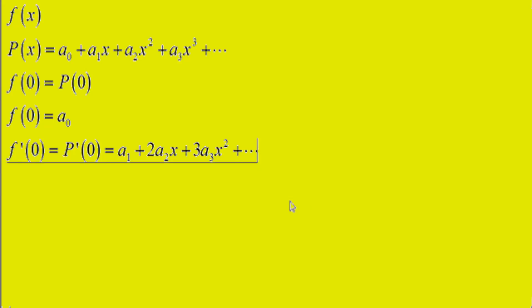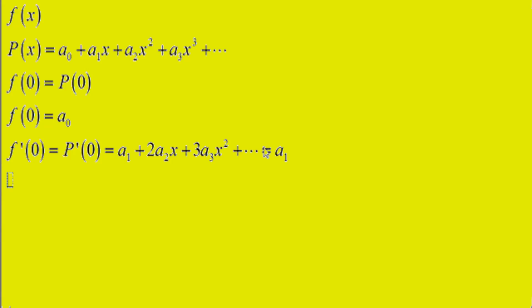It goes on forever. We just took the derivative of this. Now we plug in 0, and what do we get? We get a1.